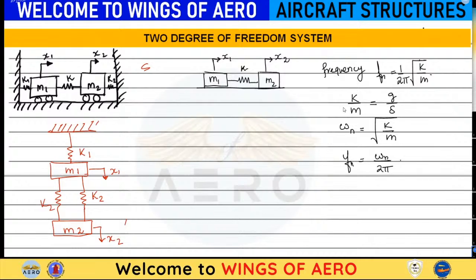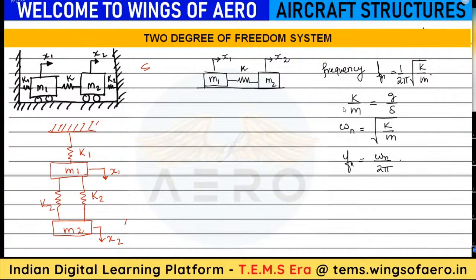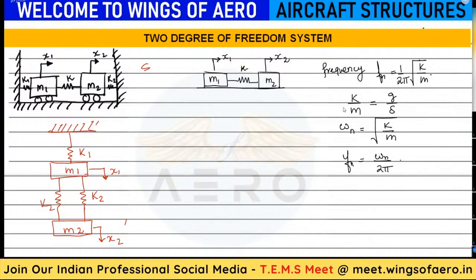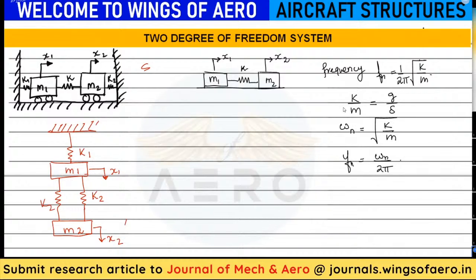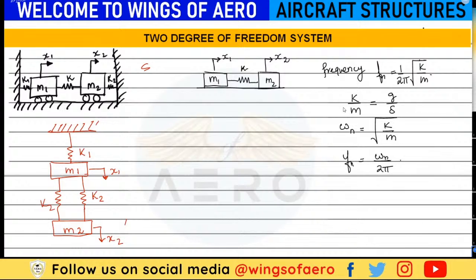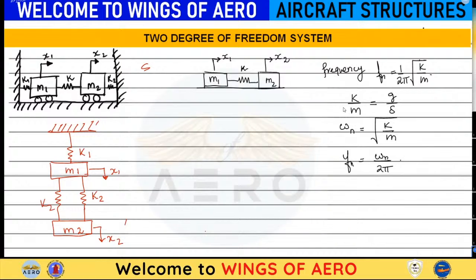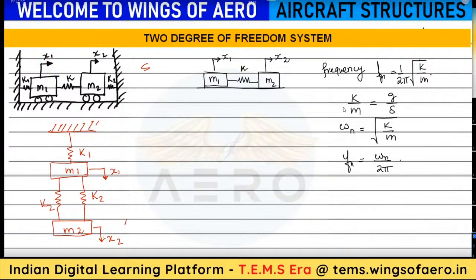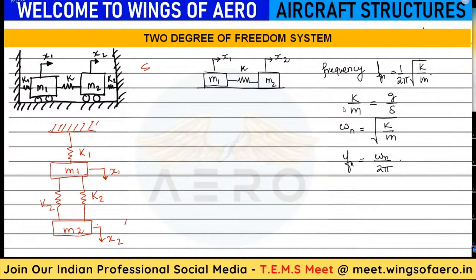Now how are you going to solve this kind of problem? Just tell me the overall idea, because previously we have seen such kind of figures. Here we have two different masses attached with two springs.